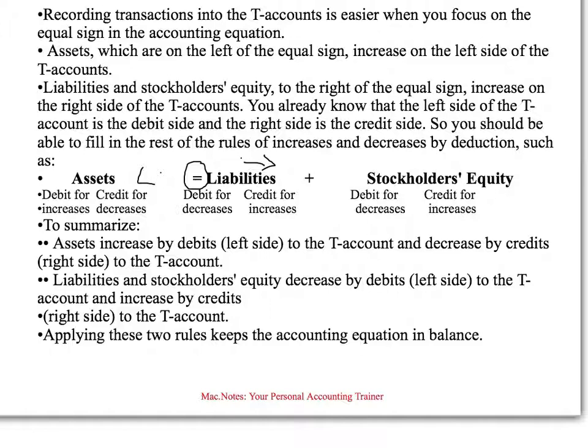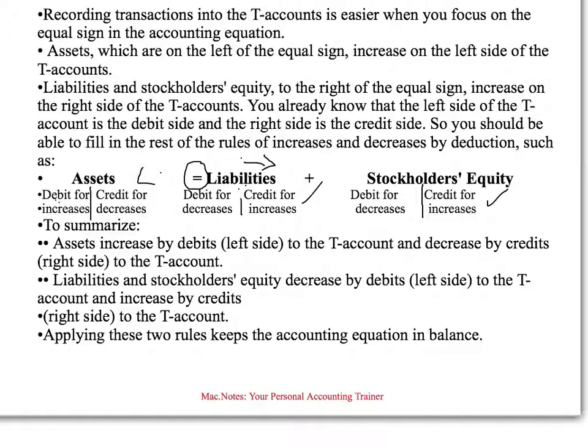So what we have here then, because assets are on the left-hand side, we're going to record increases in an asset as a debit. And because liabilities and shareholders' equity are on the right-hand side, we're going to record increases in liability and in shareholders' equity as a credit.